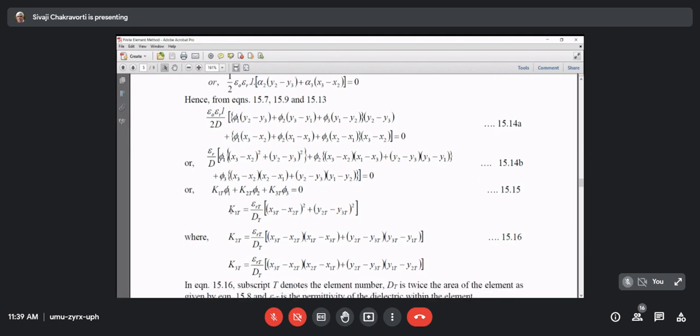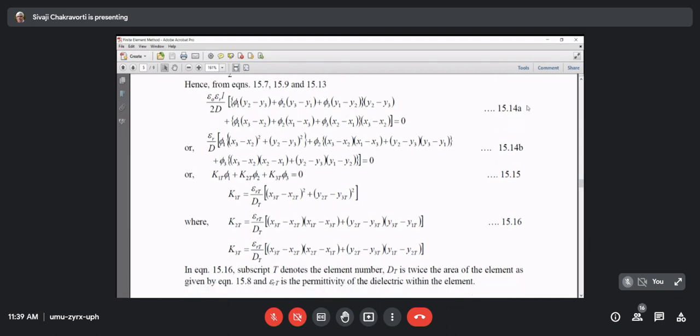So we expand this equation as 15.14a. How? We write what is the coefficient of phi 1, what is the coefficient of phi 2, and what is the coefficient of phi 3. And if you look at equation 15.14b on your screen, you can see that the coefficient of phi 1 is simply in terms of the coordinates of the vertices.